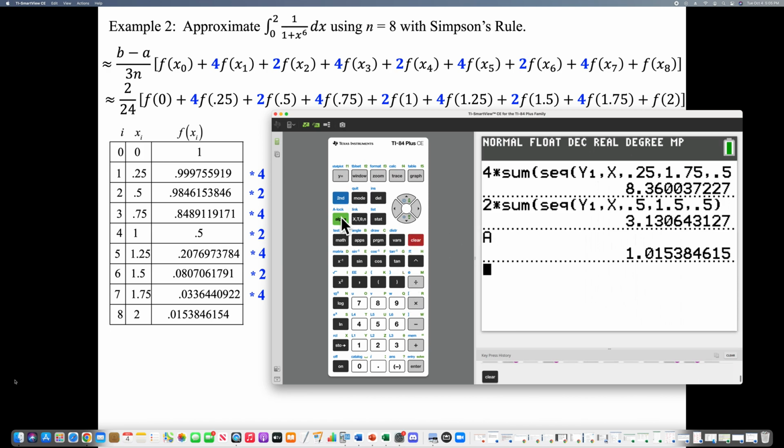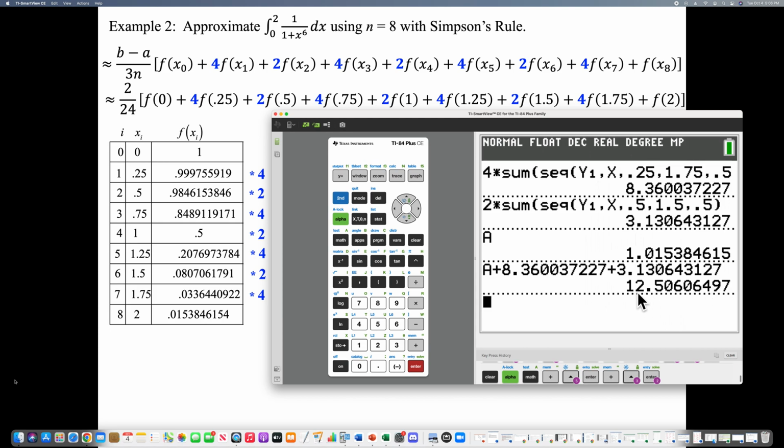We had the A, so alpha A plus, let's jump up and grab the number that we're multiplying by 4, plus, and jump up to where we're multiplying by 2, that's this sum. And we add that all together, and you get 12.506066497. So that's all of this here added together.